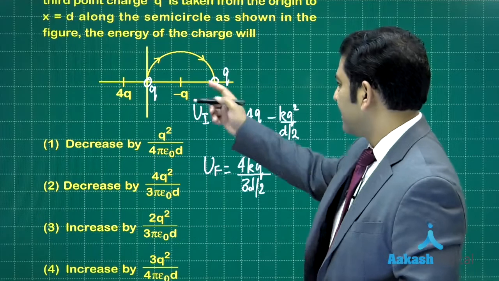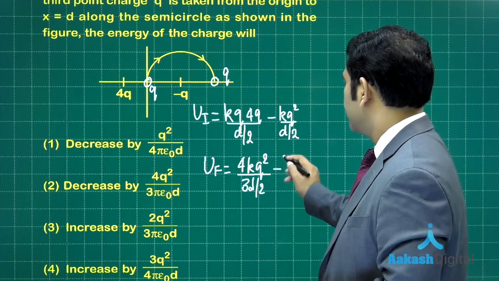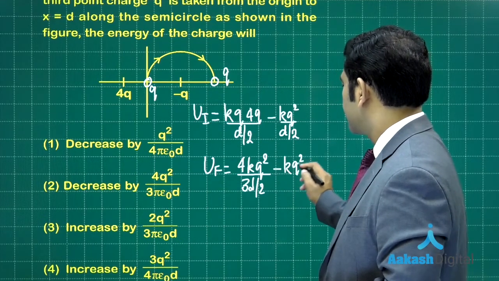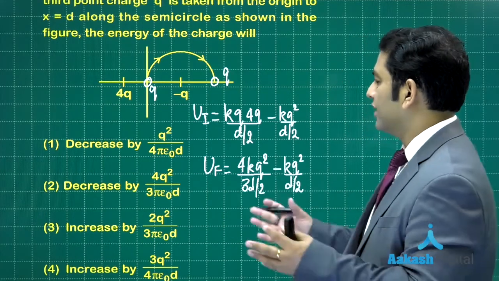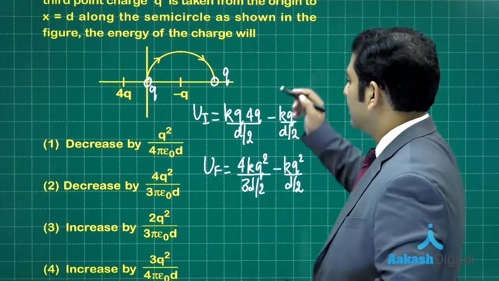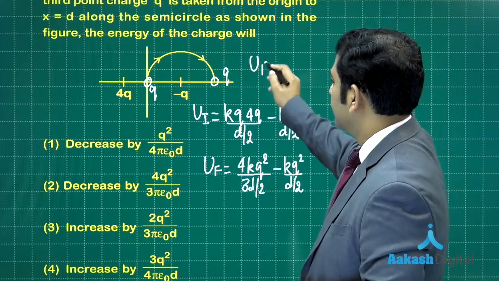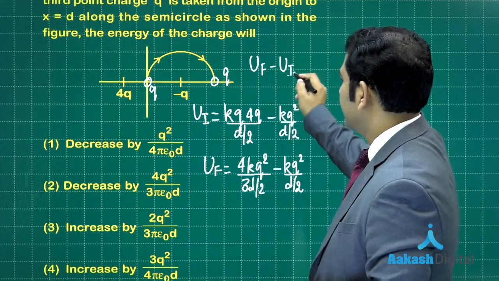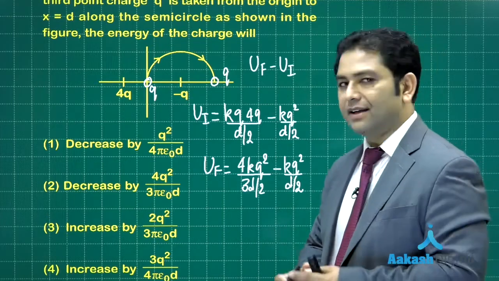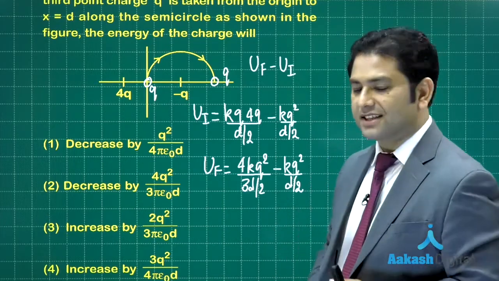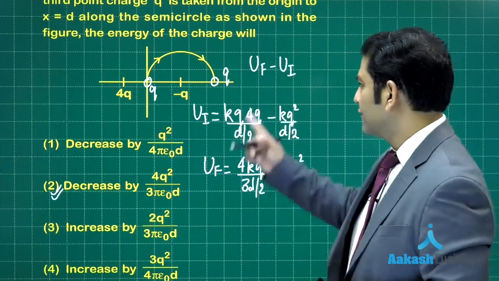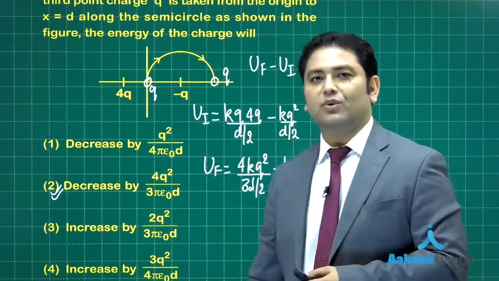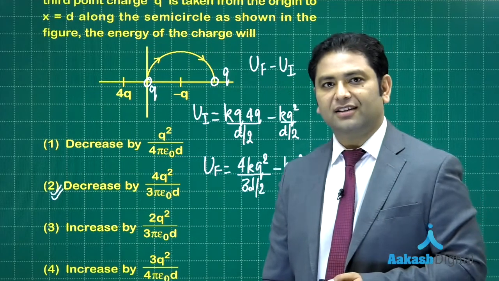And together the interaction with this as well, that's going to be minus kq square upon d by 2. Now all we require is the final energy minus the initial energy, and depending upon that I can find whether it increases or decreases. We find the energy will decrease by this amount. Not to forget small k, that's 1 by 4 pi epsilon naught.